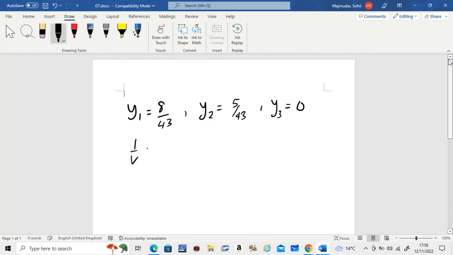And if you remember, 1 over v was y1 plus y2 plus y3. That turns out to be 13 over 43 if you add the top three. So 1 over v is 13 over 43. So v is 43 over 13. You just take the reciprocal of that to get the value of v. Now this is not the final value of the game. We'll see at the end. But for now, v is 43 over 13.